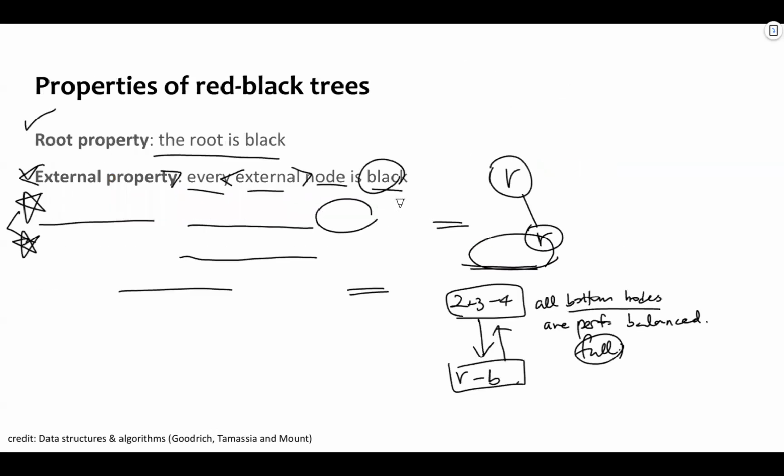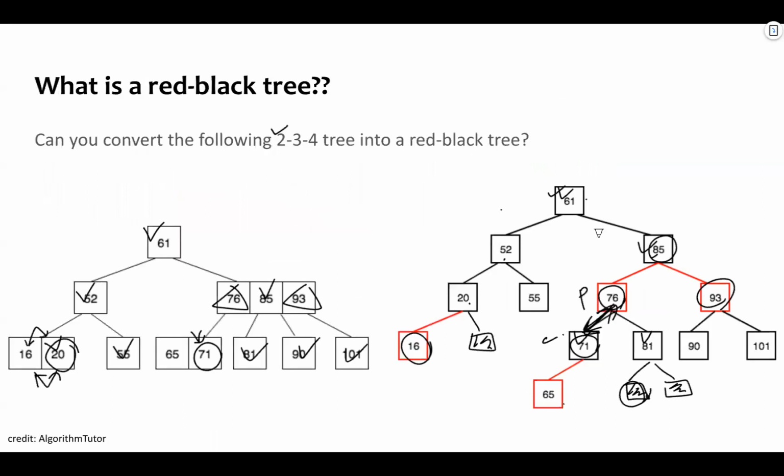Here, we are actually omitting the external nodes. However, in our implementation, we're going to put None nodes here, and here as well. So in this figure, the external nodes are omitted.